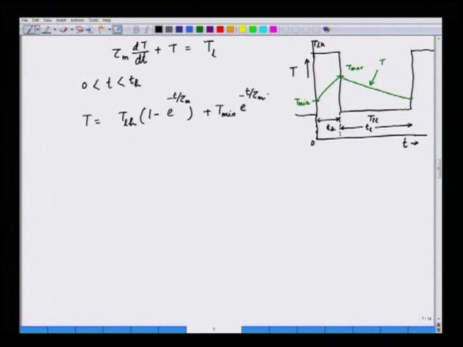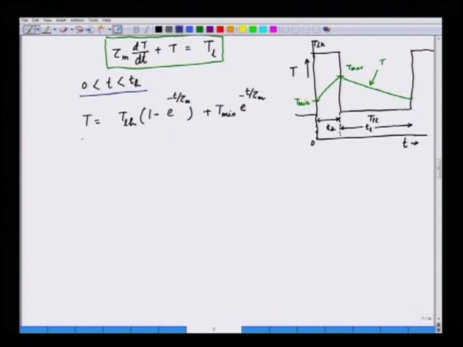So, this is the solution of the above differential equation between 0 to Th. So, if we substitute here T is equal to Th, what we obtain is TL or T maximum.